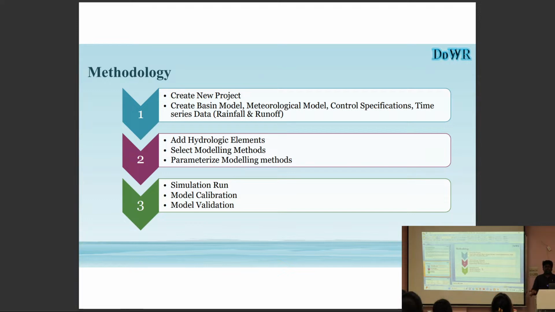So like that, you just create your own project, develop your model as per your need and requirement. Then you have to set up your hydrological elements. What are my hydrological elements? What would be my sub-basin, my reaches, my junctions, my outlet, my structures, like there are series of barrages, there are parallel barrages, how they are meeting at the junction points. All these are the features of a catchment.